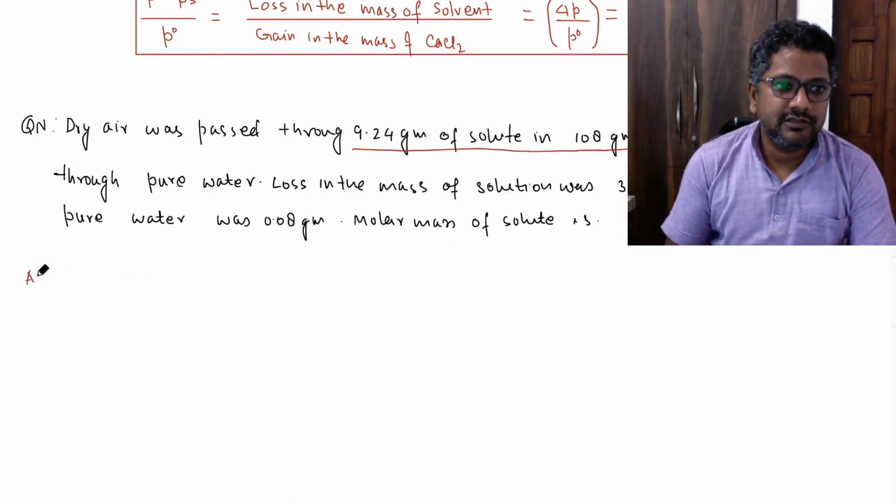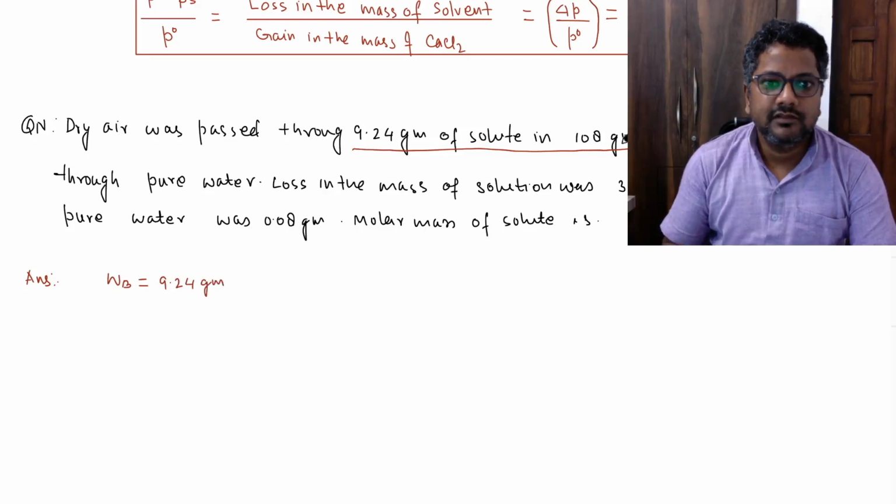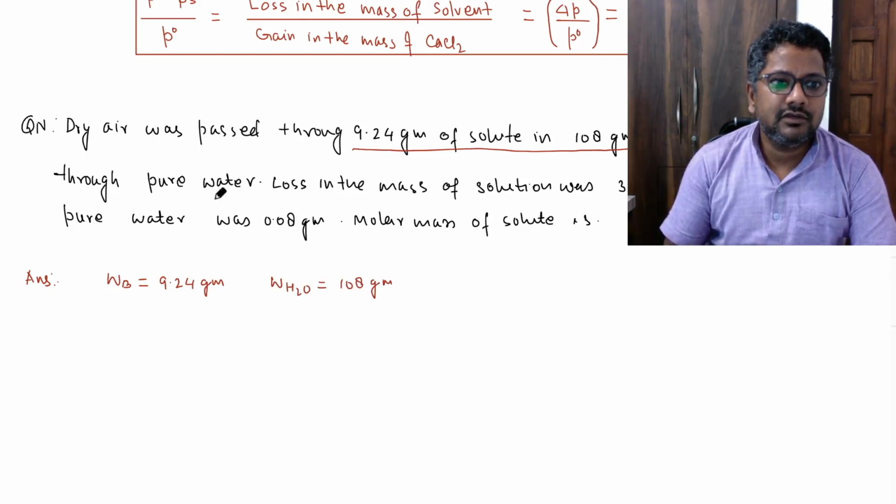So the mass of solute WB is equal to 9.24 gram, and the mass of water is 108 gram, right? And then through pure water.